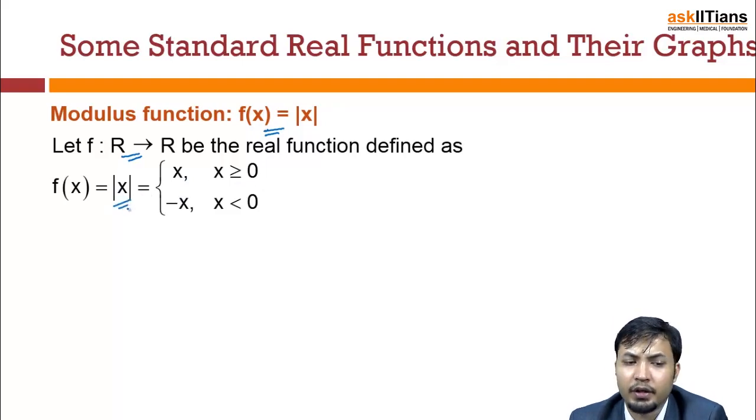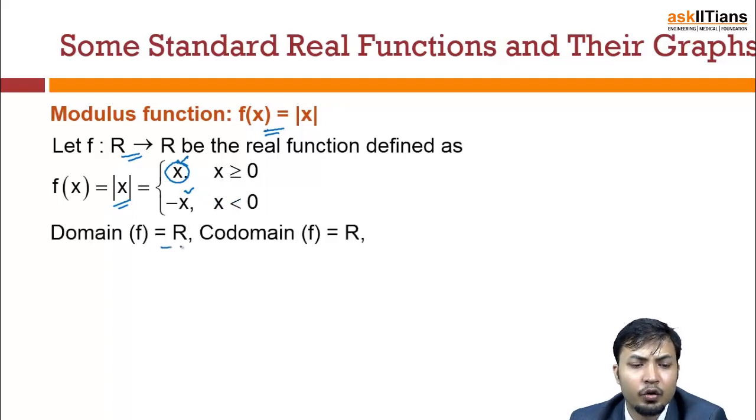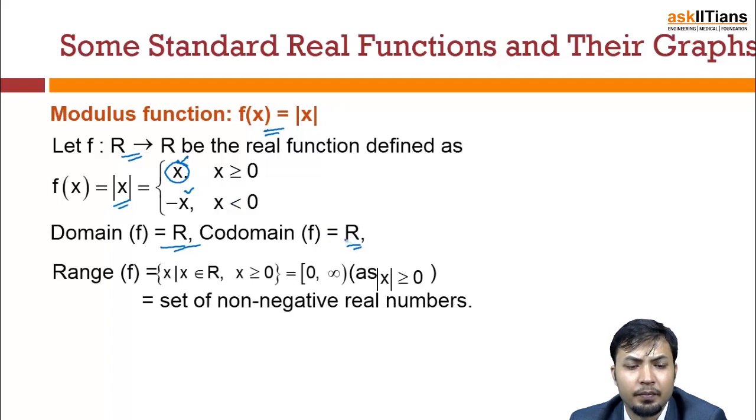You know what a mod represents, right? So I'll have an x as well as a minus x for a different value, right? In this case, for every positive value, my x will be greater than or equal to 0, and for every negative value, my x will be less than 0. Now over here the domain and codomain are the same.